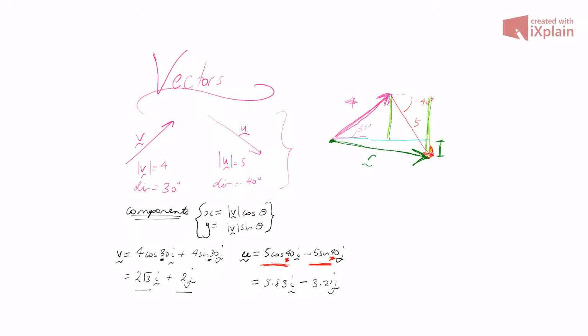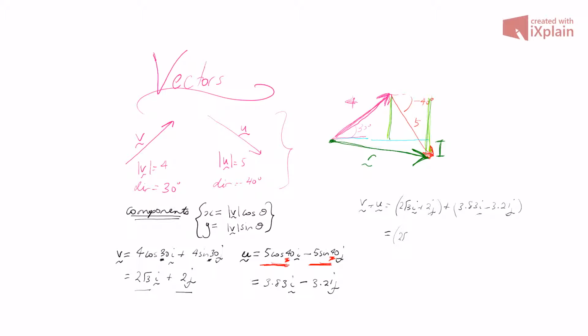So then when we add them together algebraically, we can go v plus u equals 2 root 3 i plus 2j plus 3.83i minus 3.21j. Remember, when you add vectors together, i's go with i's, j's go with j's.